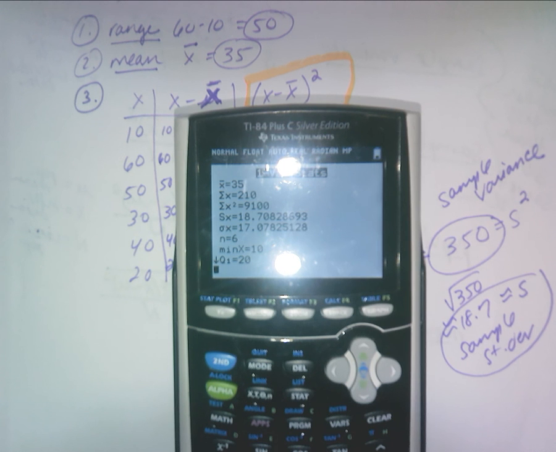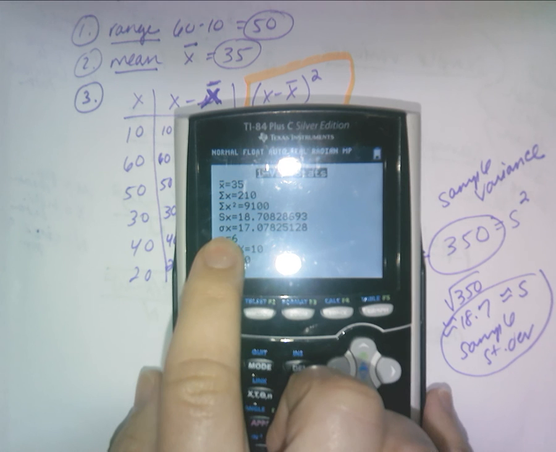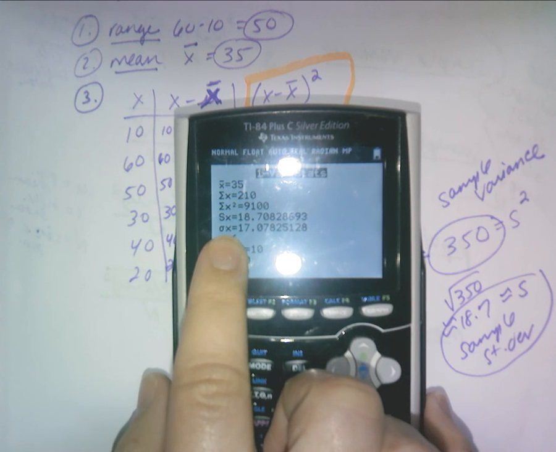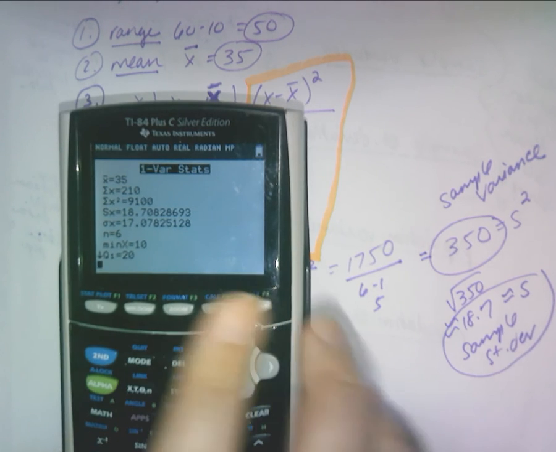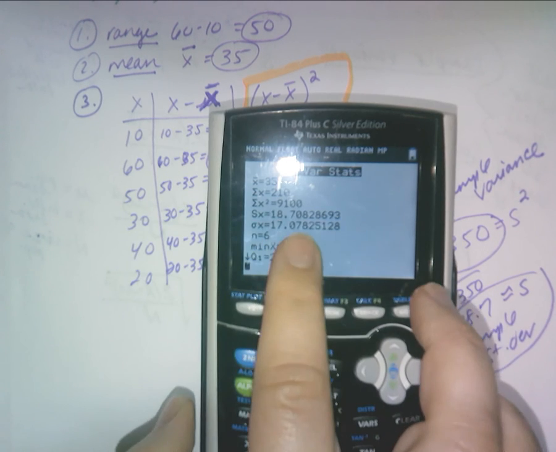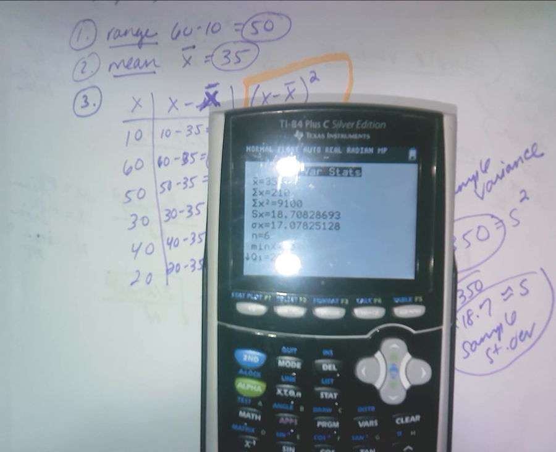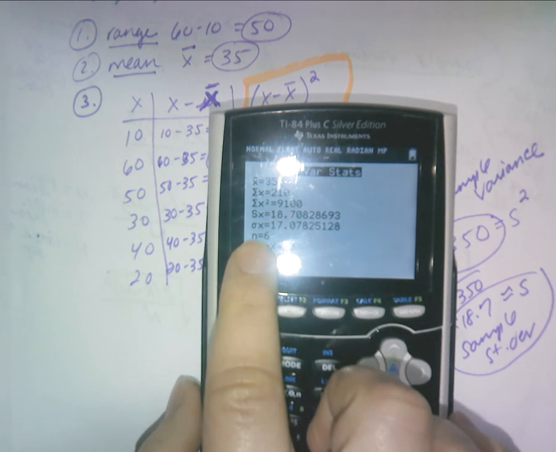Do you see something there that has an 18.7? That right there in your calculator where it says Sx is the sample standard deviation. If I wanted to find this number, I would just take 18.708, whatever, and I would square it to get the 350, the variance.